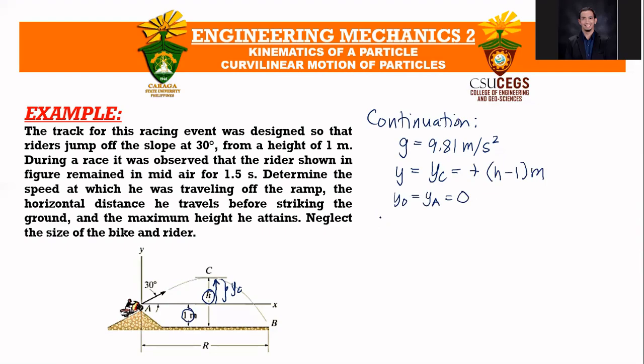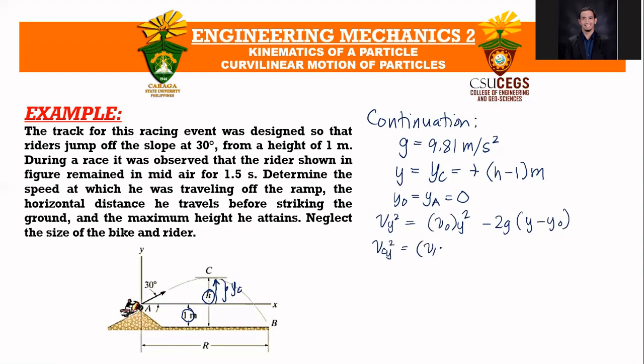So from the equation, we can substitute the values. Vy squared is equal to Voy squared minus 2g times y minus yo. So this is your final velocity, that is VCY squared.